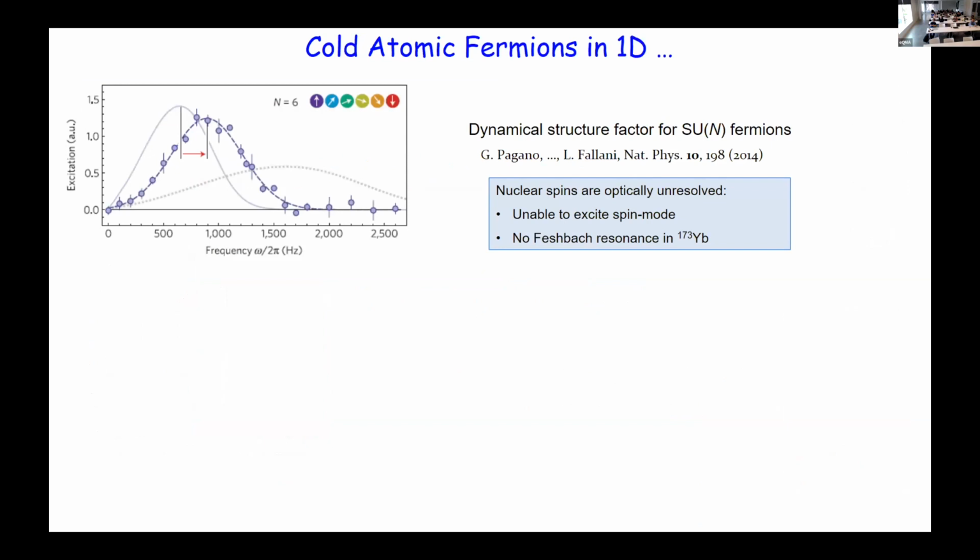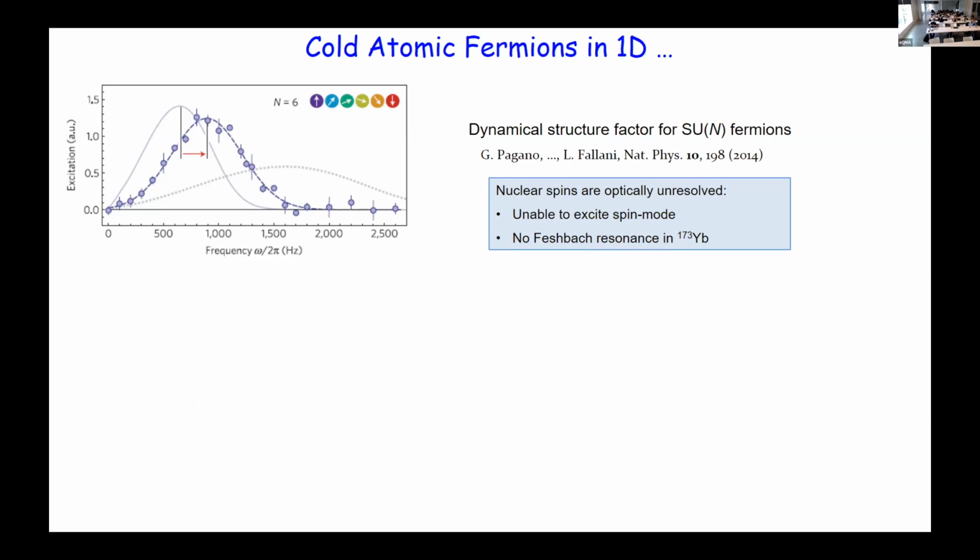So our colleague Guido Pagano, as a graduate student, used something called Bragg spectroscopy to measure the dynamical structure factor. So this includes energy and momentum, which are both obtained using Bragg spectroscopy.